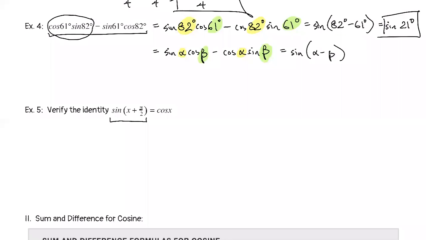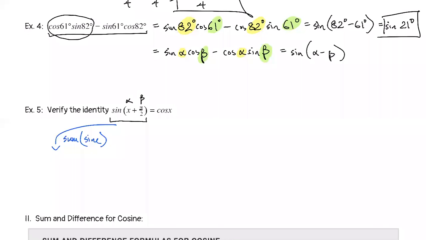Well, what does fit well is the formula we just learned, the sum for sine. So if I were to write out here, I would use the sum for sine formula, and I would apply that formula to the left-hand side, okay? So we could think about this case, x is like our alpha and pi over 2 is like our beta.